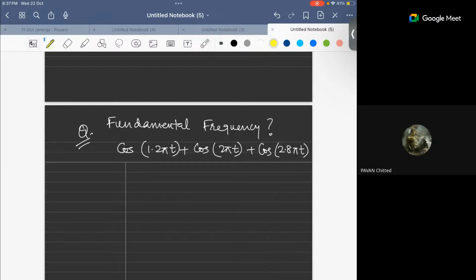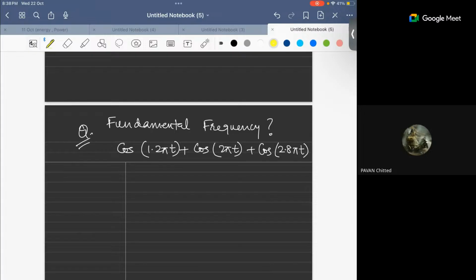And how do you check whether the combination of periodic signals is periodic or not? What is the fundamental way to check that? The ratio of the time periods will be rational. Okay.